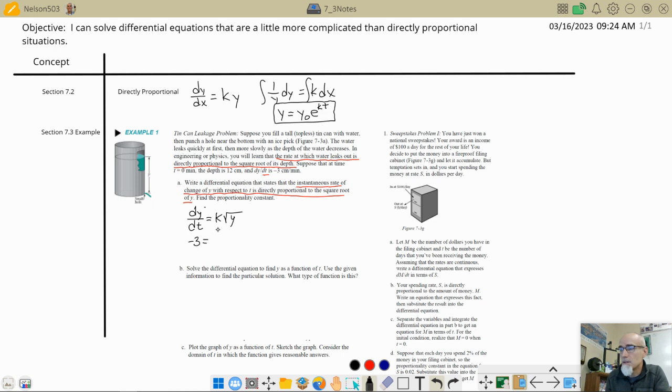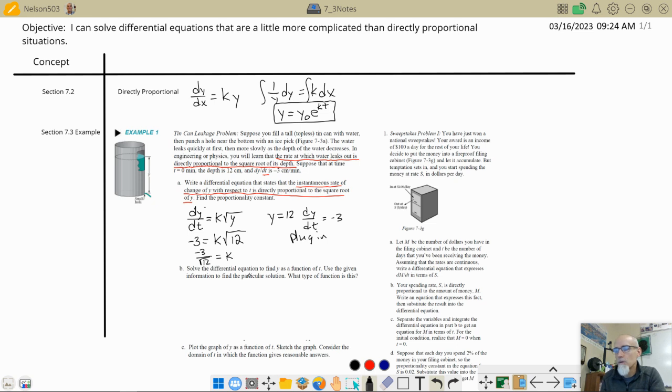So I'm plugging the -3 in for the rate, and the depth of the water is 12, so I'm plugging 12 in right there. So y equals 12, and dy/dt is -3. Plug in, and then find our k value. So our k is equal to -3 divided by the square root of 12.